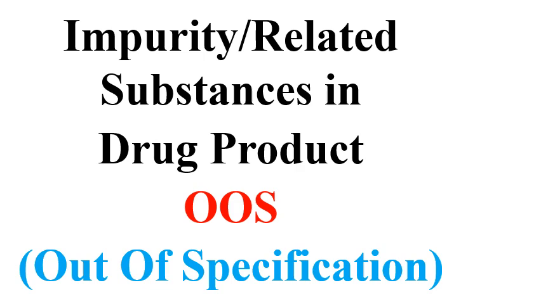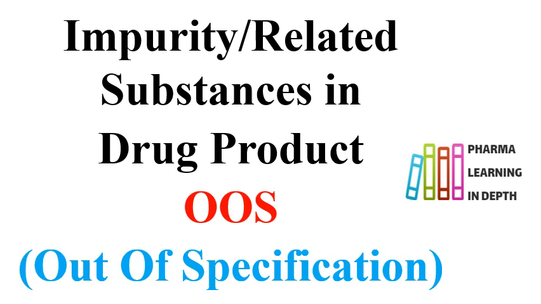Impurity or related substances in the drug product out of specification. This is the topic for the video. You might have observed sometimes that the drug product fails in the related substances or organic impurities.